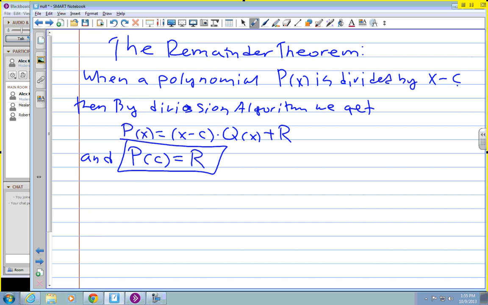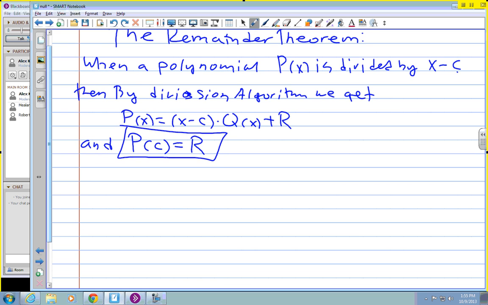Okay? Well, sure, but do you understand why? Because if you plug in c in here, you'll just get 0 and you're just left with r, right? And that helps us to factor. Because when the remainder is 0, so that's the good thing. If the remainder is 0, that means x minus c is a factor.